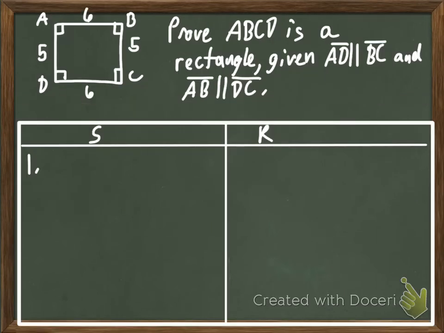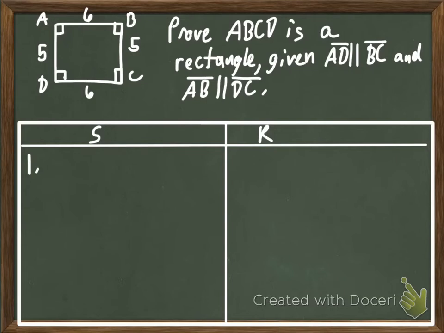So one more proof. We have quadrilateral ABCD. We see that AD is 5, BC is 5, AB is 6, DC is 6, and we have 4 right angles. So we're going to prove that ABCD is a rectangle given that AD is parallel to BC and AB is parallel to DC. So, first thing we got to do in our statement reason proof is write down the given.